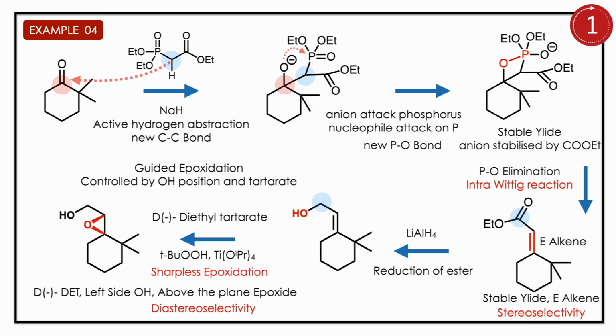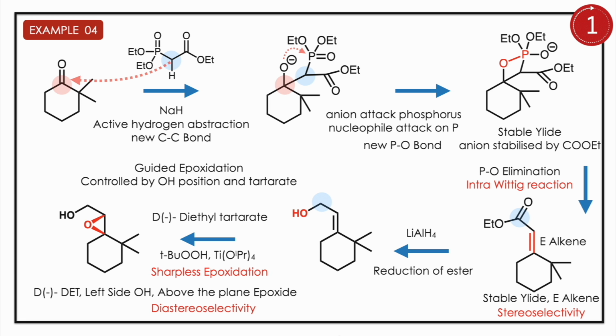Let us go by the basics and reagents. Here you have a ketone, which is a carbonyl group, and you have a phosphonate. You are using sodium hydride and phosphine oxide. Here you have an active methylene group. The hydrogen is acidic. It can be removed. It forms a nucleophile, which is a carbanion. It attacks the carbonyl. You have a new C-C bond.